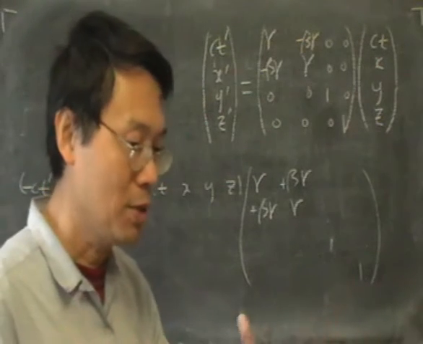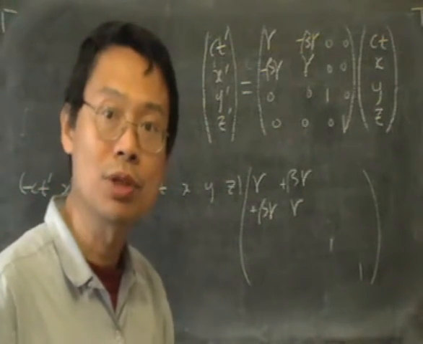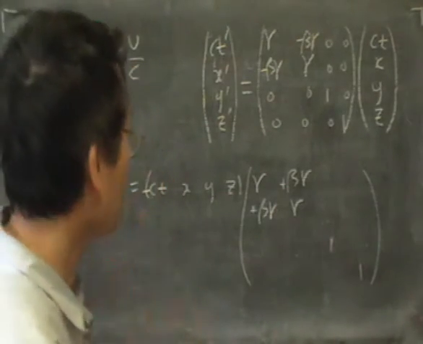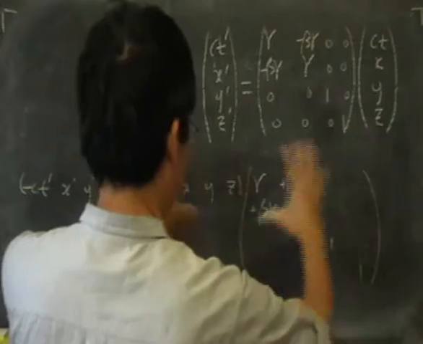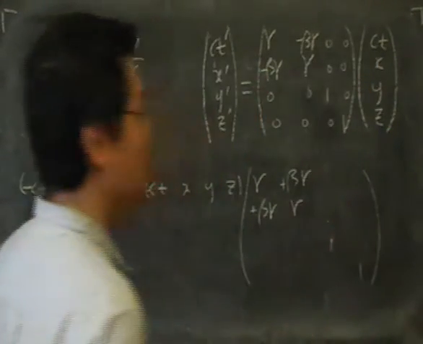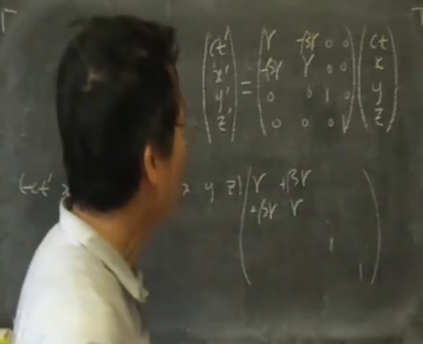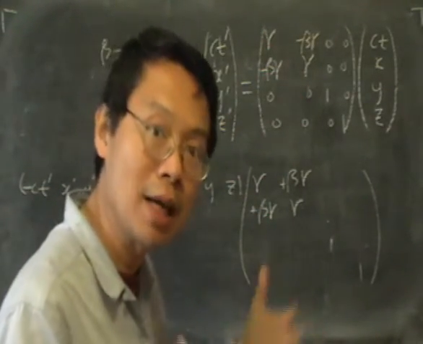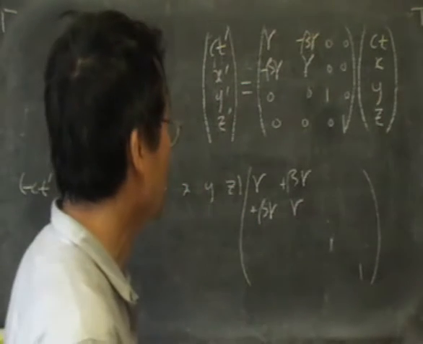When you multiply two matrices that are inverses of each other, you get the identity matrix. So I'm going to take this and multiply it by that, and allow the two inverse matrices to come together and turn into the identity matrix.